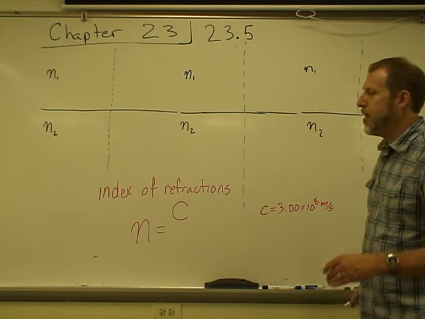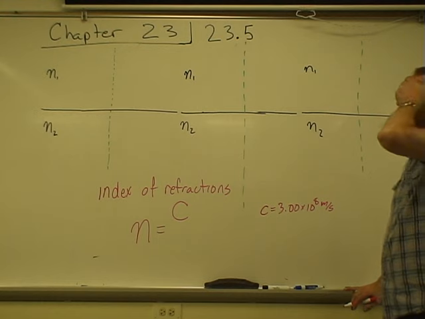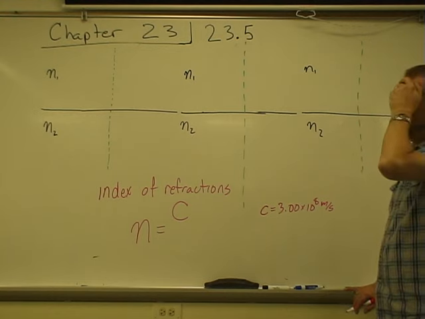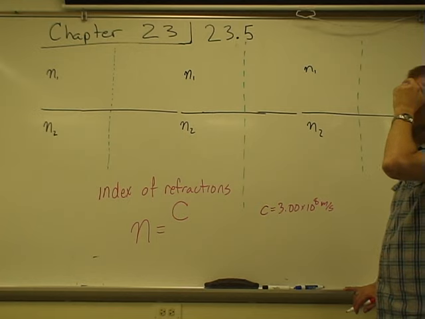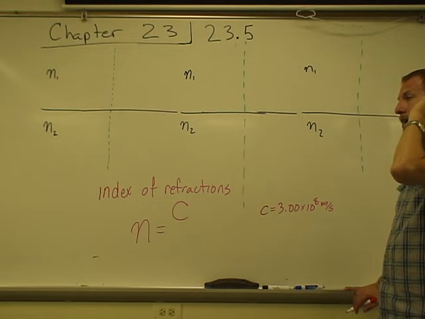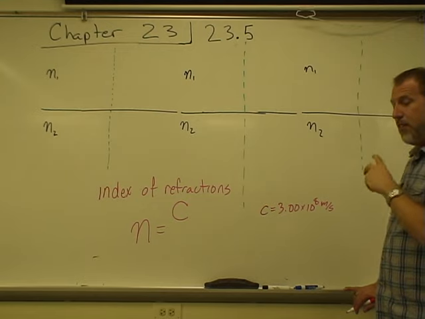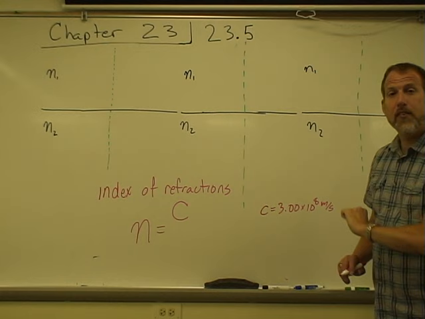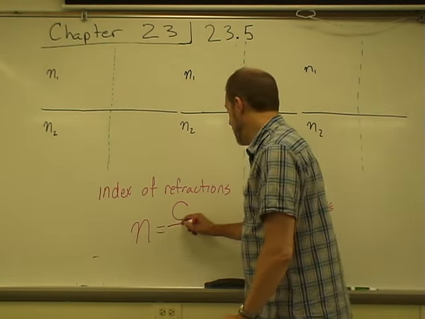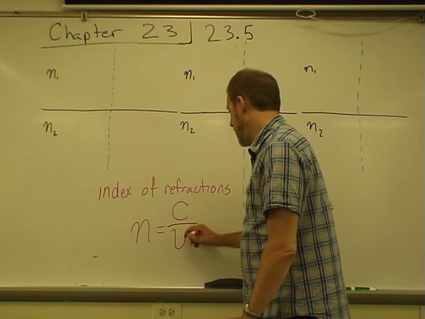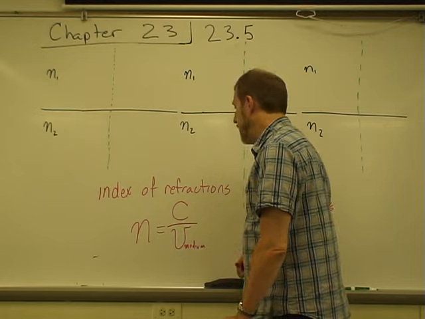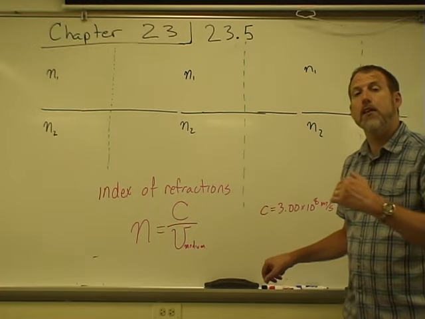We know that more accurately, I think it's 299,798,56... it's to 3 sig figs, 3 times 10 to the 8th meters per second, divided by the speed of light as it goes through that particular medium.